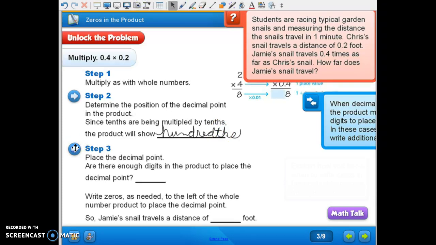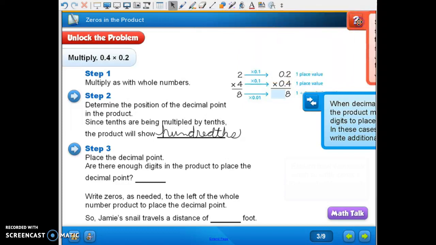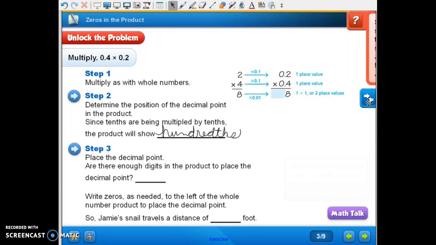Place the decimal point. Are there enough digits in the product to place the decimal point? So here I have 8. Can I put my decimal point in there? I need how many places after the decimal to get that to be hundredths? 2. Now, the question is, are there enough digits?